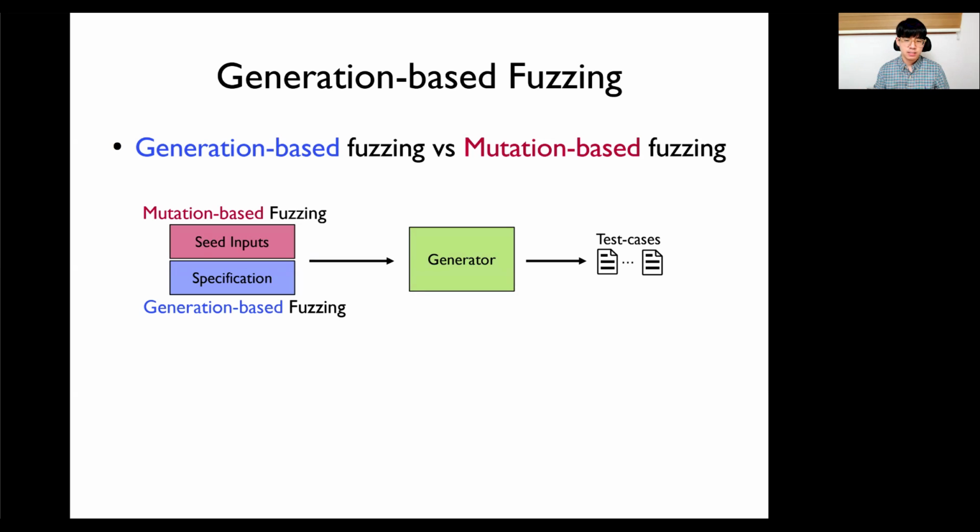Also, since this generation-based fuzzer generates test cases from a given specification, each test case generator will also be different from the generator of mutation-based fuzzers that slightly change the selected seed.